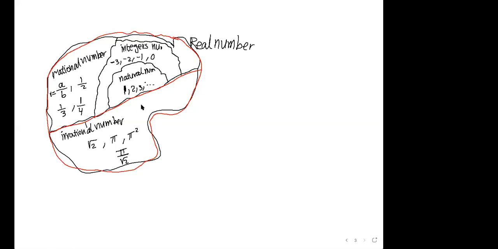Professor, I'm sorry, I don't know if I caught this, but are irrational numbers denoted by a letter? Yeah, denoted by Q bar. Okay, thank you. I forgot to mention it. Yeah, Q bar.